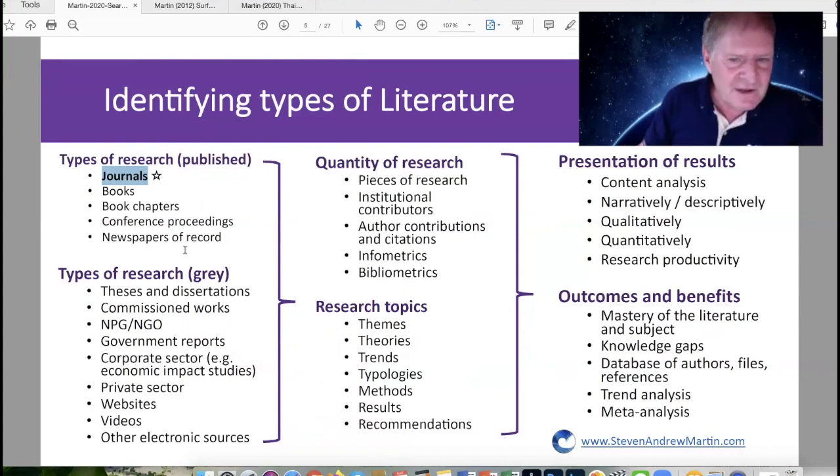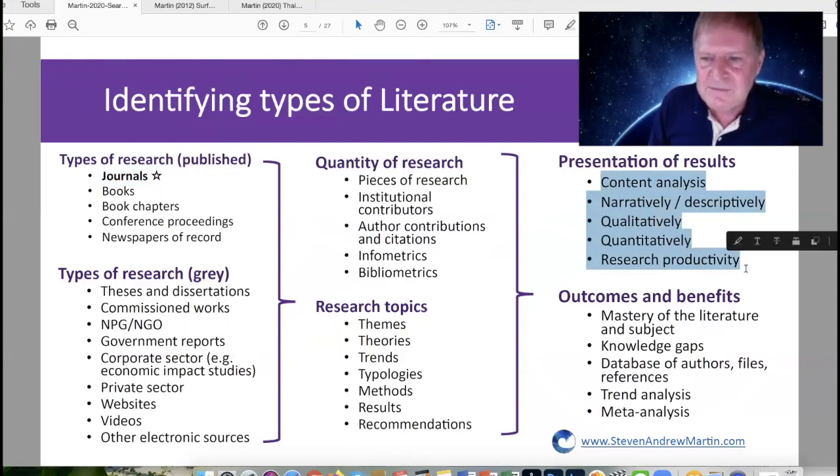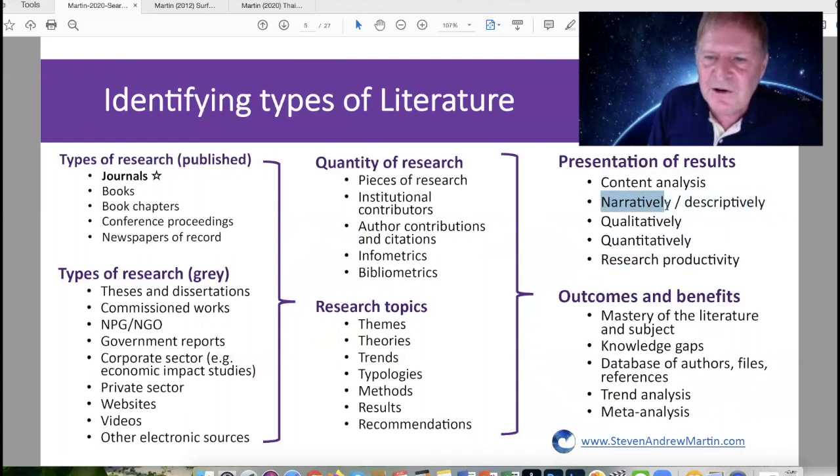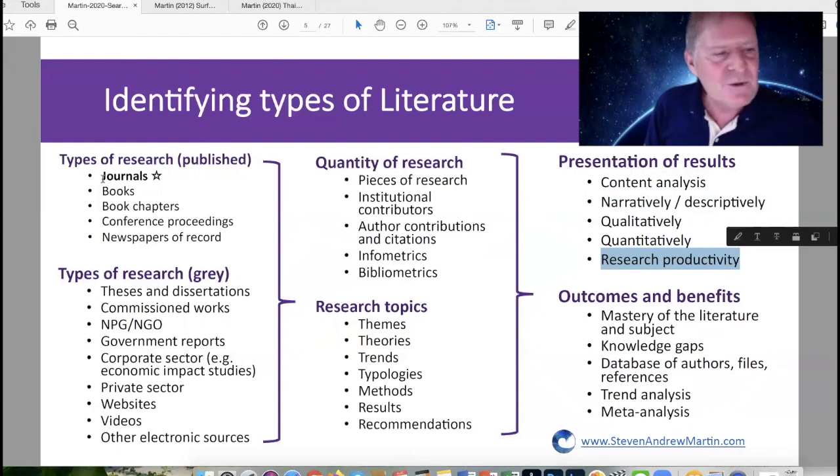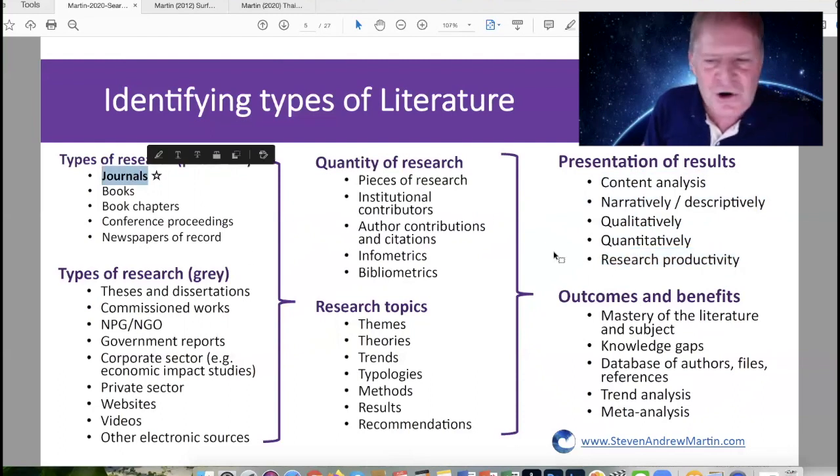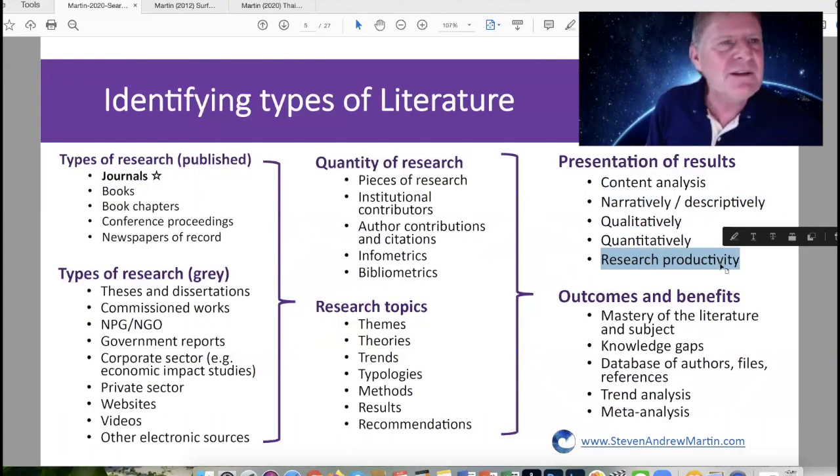And that means all these different ways. See, normally our regular literature review is kind of here. That's sort of a normal literature review, right? But you might decide you're going to do this. You might do a systematic study of journals showing research productivity, and that's it.